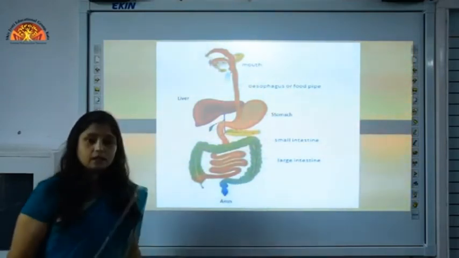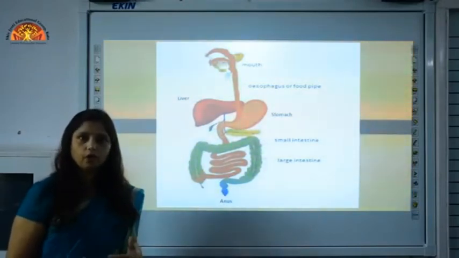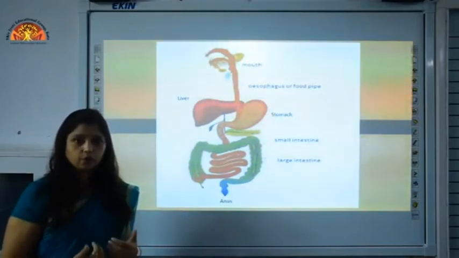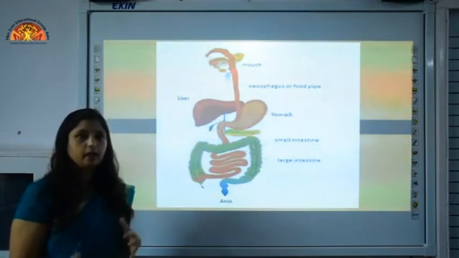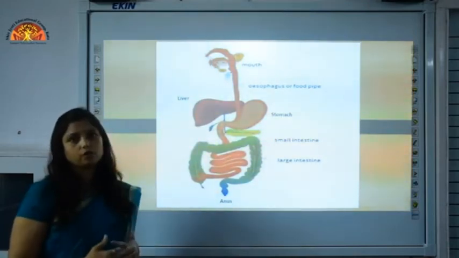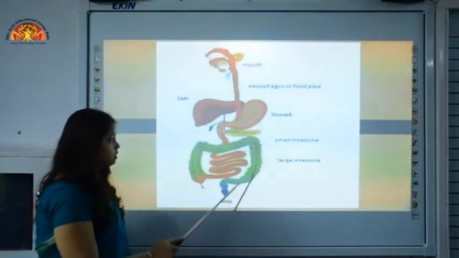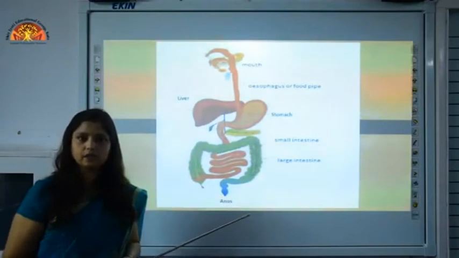This undigested matter also contains a lot of water. As children we used to drink water when we eat food. So that this water does not get wasted, it is absorbed into the walls of the large intestine. The large intestine absorbs the excess water present in the undigested matter.